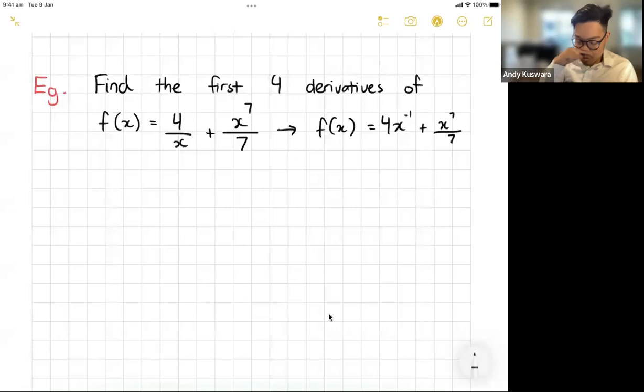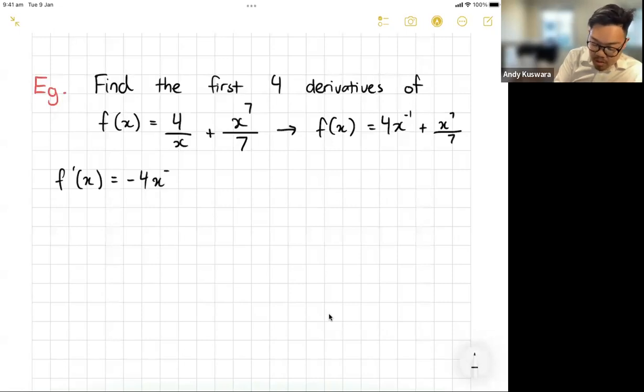Now I'm just going to keep that x to the 7 on 7 as it is, and let's derive. So first f dash x, this should become hopefully minus 4 x to the minus 2 plus x to the 6. Okay. I'm hoping that that's what you got.